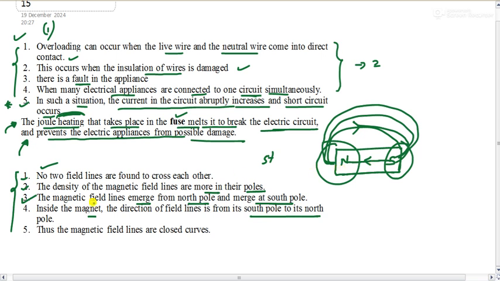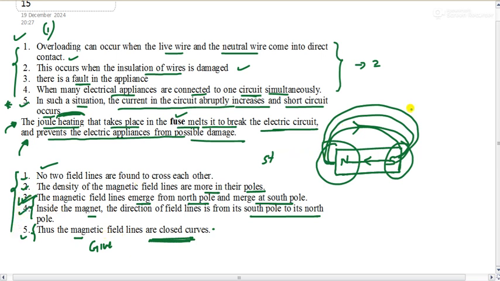This is one more point. And the last is, thus the magnetic lines are closed curves. With these points we come to know this. They can ask this in a give-reason type question also, like, the magnetic field lines are closed curves. Why? So you can write the third and fourth points.